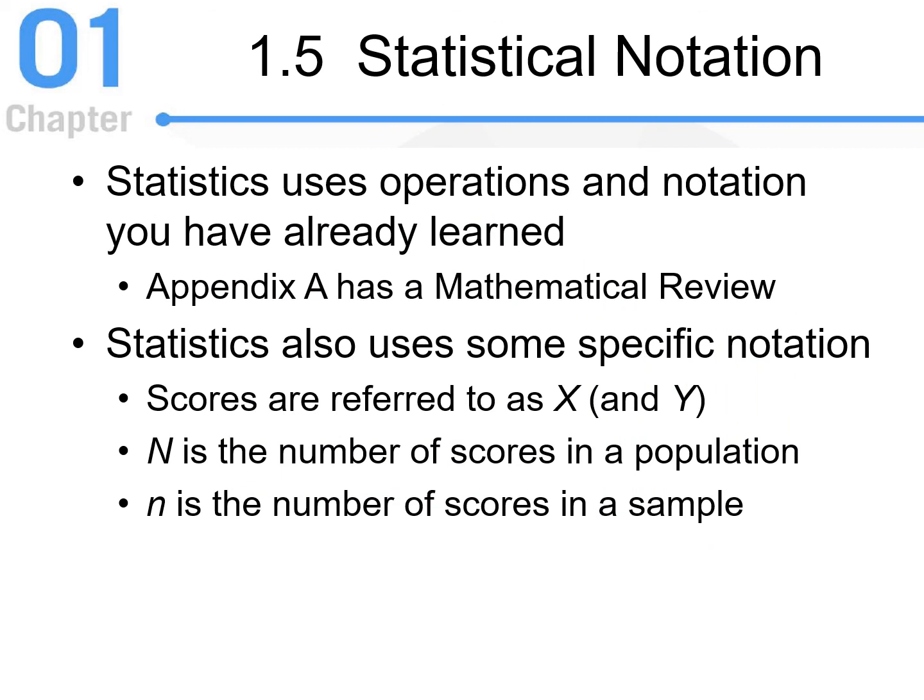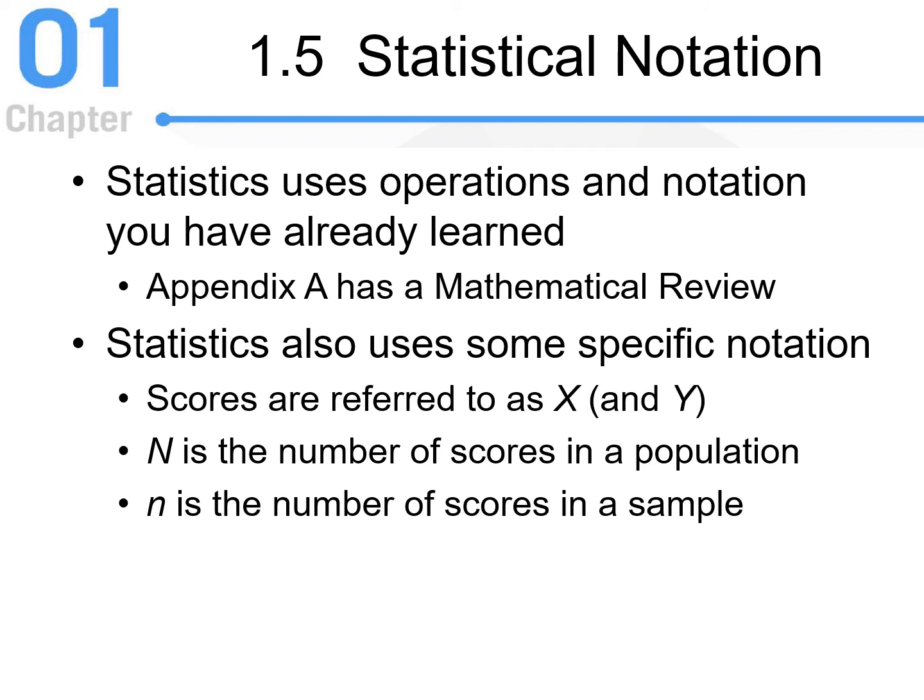So as I said before, go back and review Appendix A. We refer to scores as X and Y. X is the first variable we're looking at, and Y would be the second variable. If there's a third variable, you can call it Z or W. These are just variable notation.